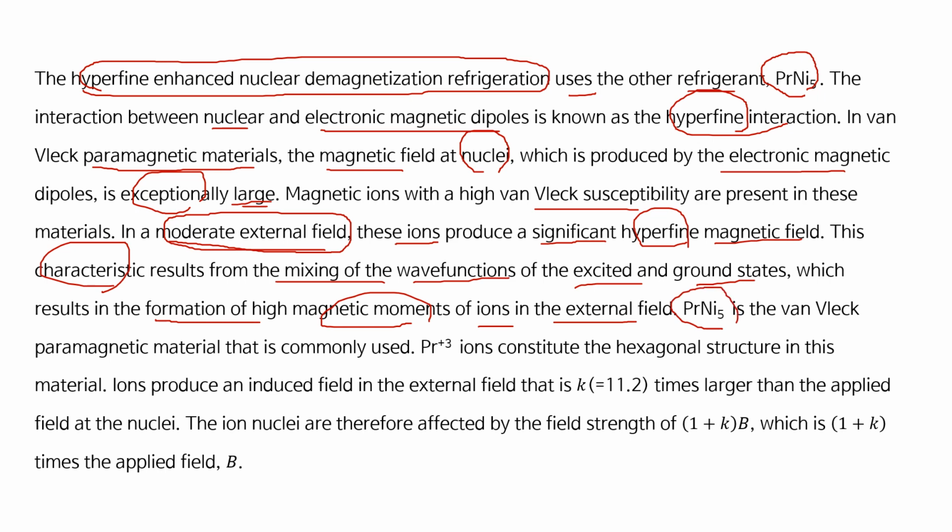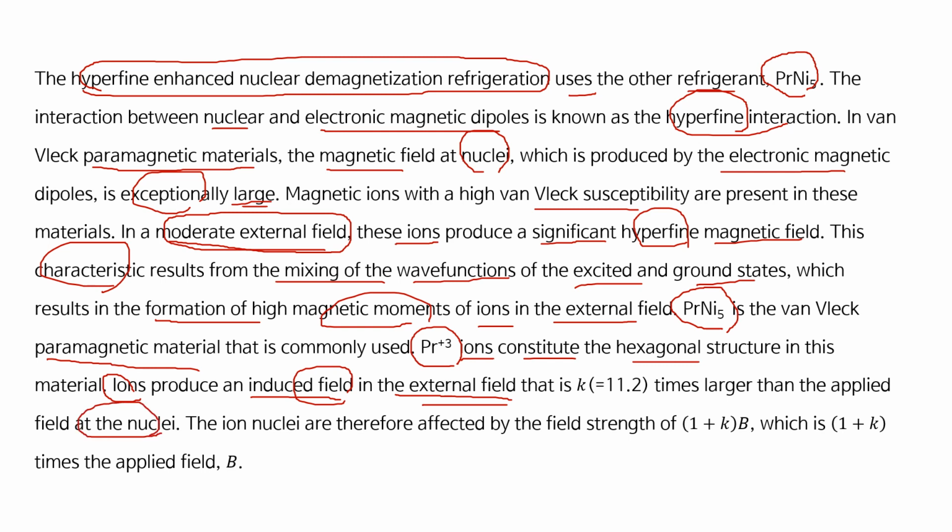PrNi5 is the Van Vleck paramagnetic material that is commonly used. Pr ions constitute the hexagonal structure in this material. Ions produce an induced field in the external field that is K times larger than the applied field at the nuclei.